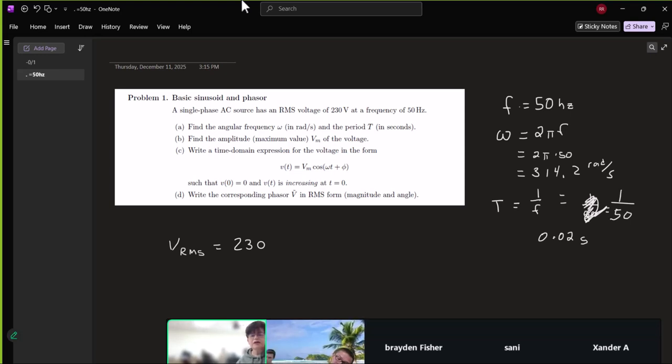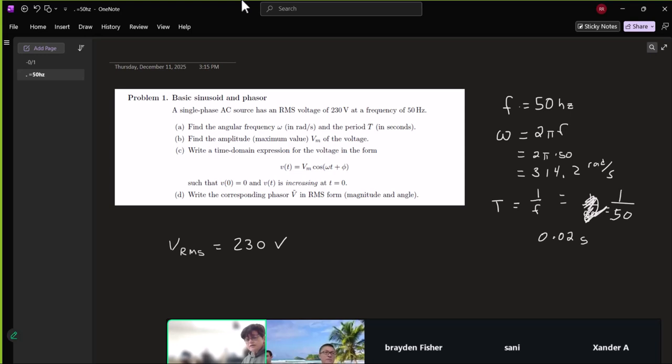Okay, so VRMS is 230 volts. Root mean square, which we're going to be talking about a little later, is one way of talking about a kind of average of things. We have different kinds of averages: the arithmetic mean, the geometric mean, and also the root mean square.